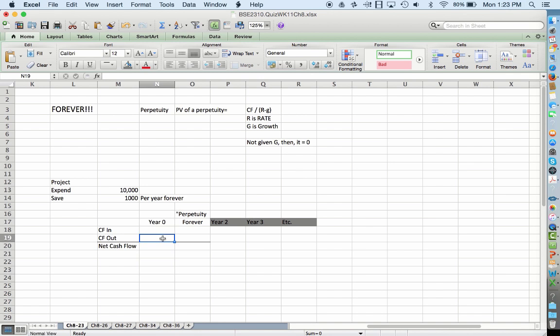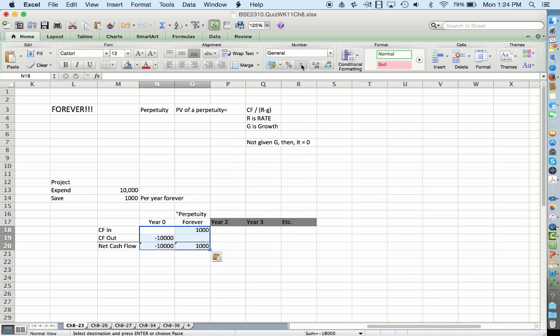It's a negative 10,000. Then, what goes in the forever column? 1,000. And is it positive or negative? Positive. Okay, brilliant. Now I'm just going to add the in and the out together to get the raw values of the net, or the total values.